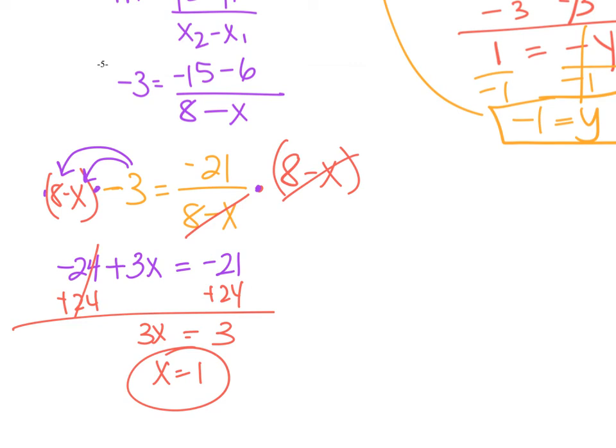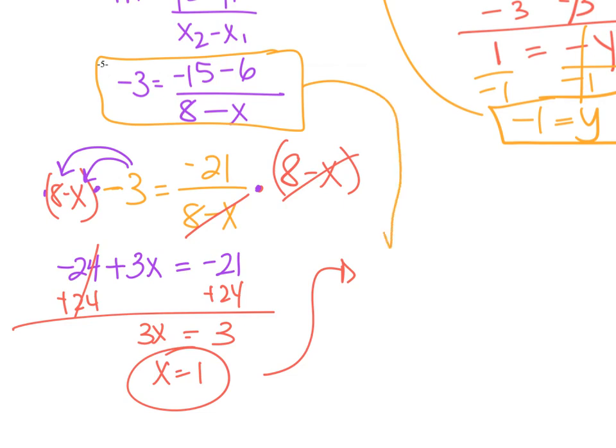So now I'm going to show you the other way. The other way that you could have done this is going back to this particular piece. You have negative 3 equals negative 15 minus 6 over 8 minus x. You could have actually set this over 1, because any number can always be written as a fraction over 1.